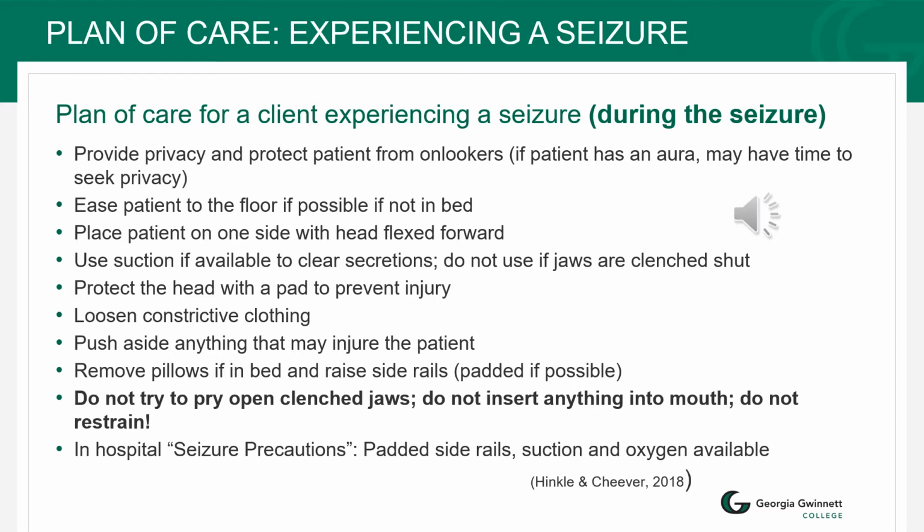So if you can, we want to place them on their side with their head flexed forward. If they're on the floor, you can put a pillow under their head to protect their head, or some kind of pad, because with the tonic-clonic seizure, their entire body will be doing jerking movements, so we don't want them to cause a head injury from this seizure.